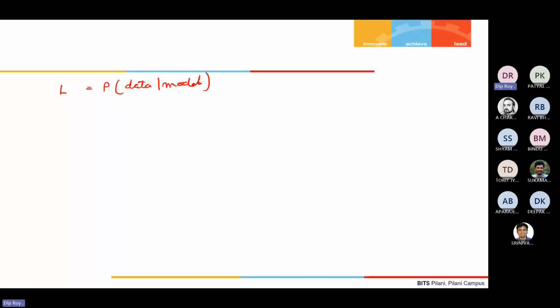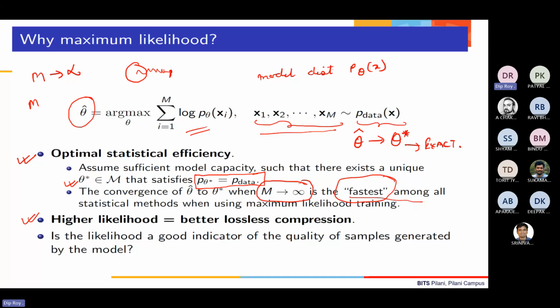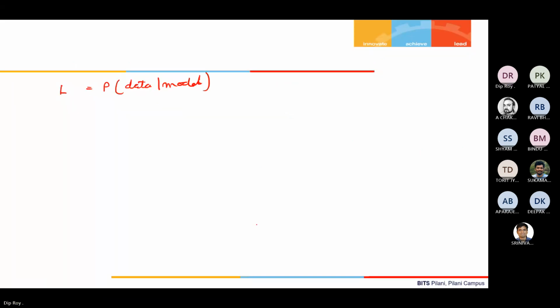So what we are saying here is that higher likelihood equals better lossless compression. What do we mean by lossless compression?